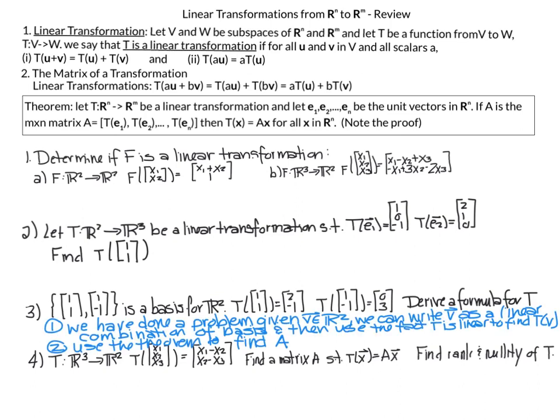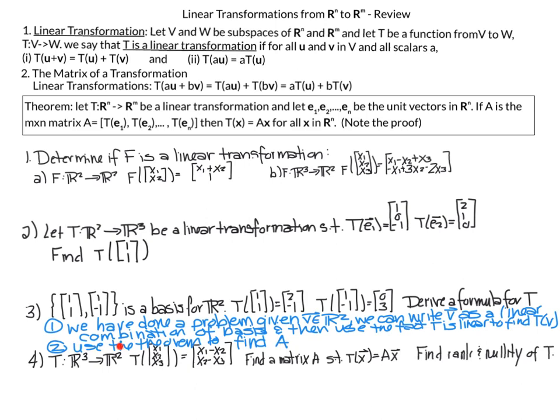In case you wanted a hint for problem number 3, we haven't done a problem just like this, but we have done components of it. First, we're given a basis for R2, and we are told what T does to that basis. We have done a problem that, given a random vector v, say in R2, we can write v as a linear combination of the basis, and then we can use the fact that T is linear to find T of v.